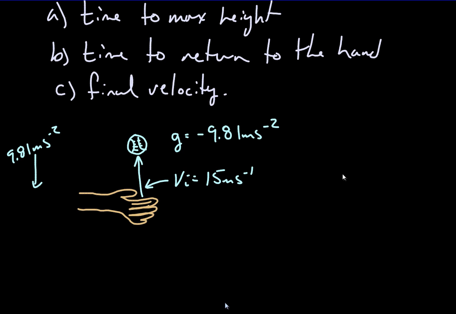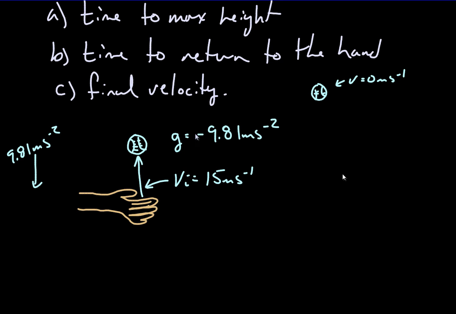Now, one thing to remember here is at the beginning of this, gravity points in the opposite direction of velocity. Velocity's up, gravity's down. This means that the ball will slow, seeing how its acceleration is opposite to its velocity. But eventually it reaches its max height, and at that point, its velocity has dropped to 0.